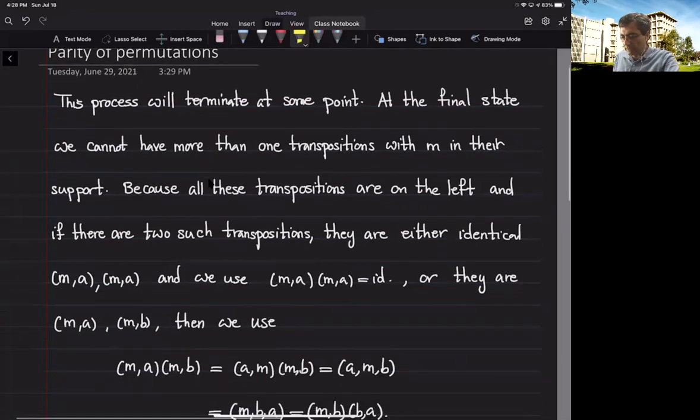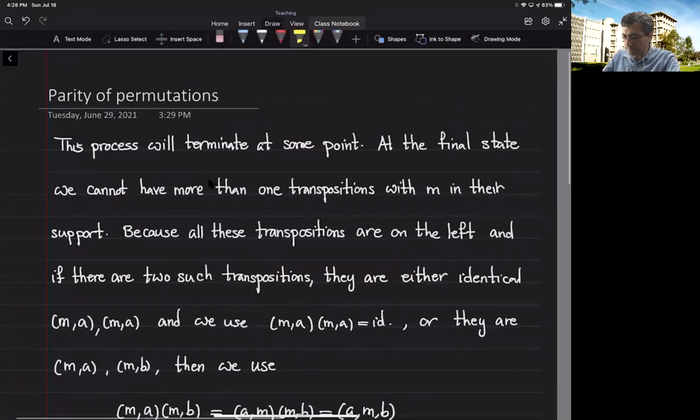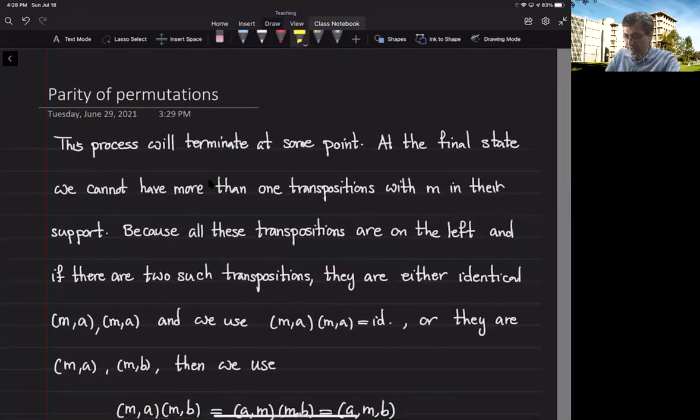Okay, so again, this process terminates at some point because I'm reducing the number of M's. At the final state, we cannot have more than one transposition with M in their support, because if we have, then we are colliding these two transpositions, so either the number of M's gets decreased or we have an explosion.